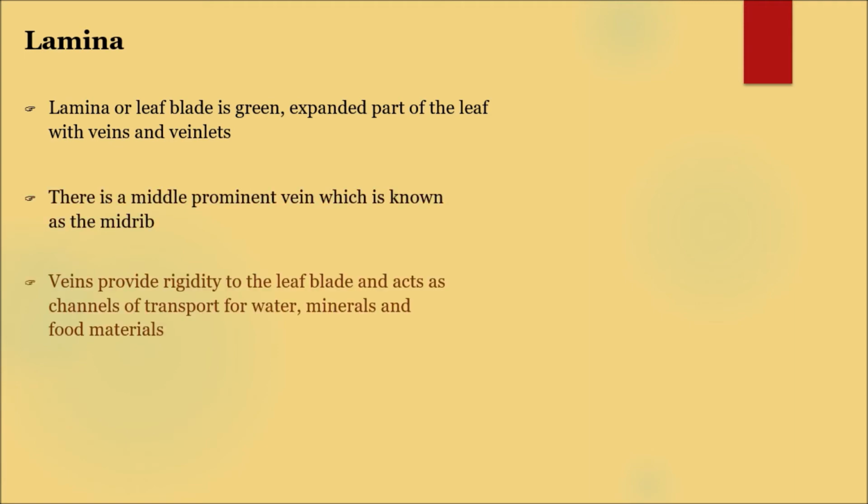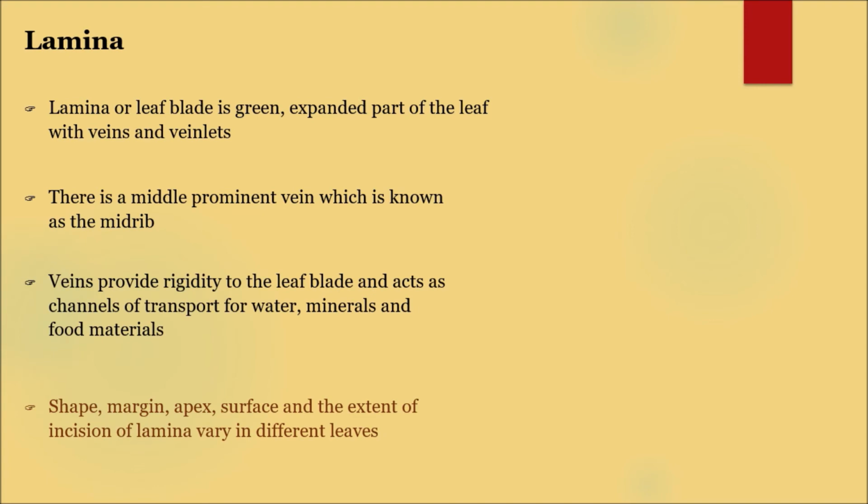Veins provide rigidity to the leaf blade and act as channels of transport for water, minerals and food materials. So what do veins do? Veins give rigidity to the leaf blade, and not only rigidity but they act as channels of transport of water, minerals and food materials.